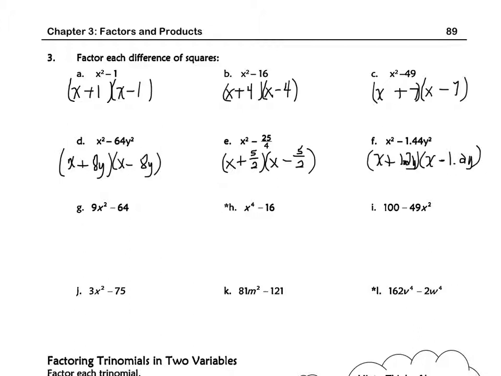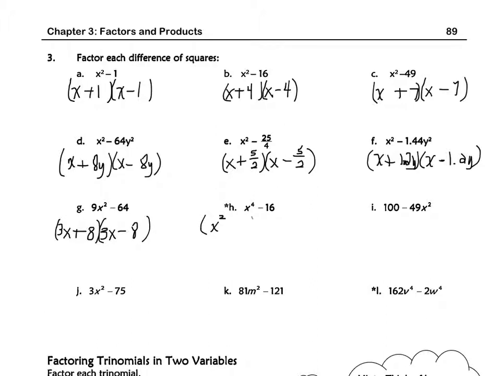Okay, so this one here would be 3x and 3x, 8 and 8, plus and minus. Again, it has to be a difference of squares in order to have these factors. Now this one has a star next to it, and you'll see why in a minute, because the square root of x to the power 4 is x squared.